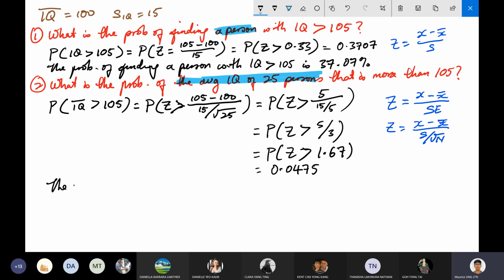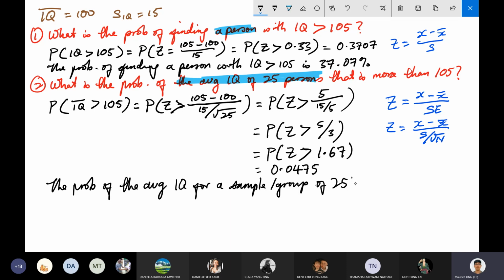Which means that the probability of the average IQ for a sample, or you can say a group of 25 persons, above 105 is 4.75% chance.